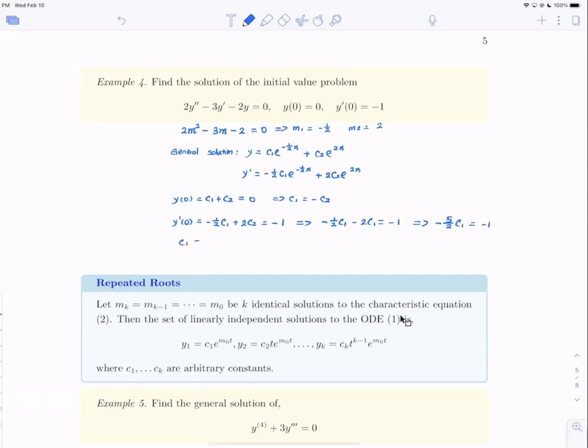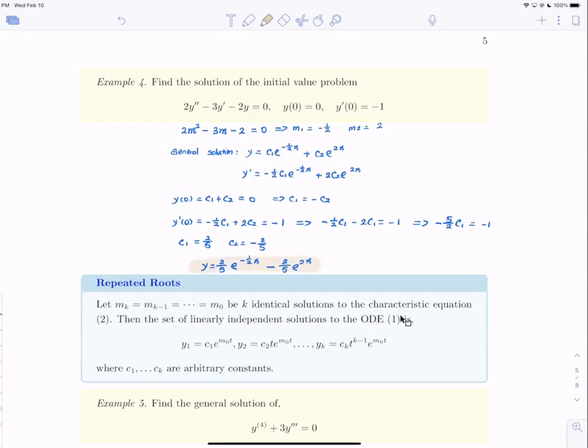That means your c1 equals 2/5 and c2 equals negative 2/5. So eventually your solution becomes 2/5 e to the negative 1/2 x minus 2/5 e to the 2x.